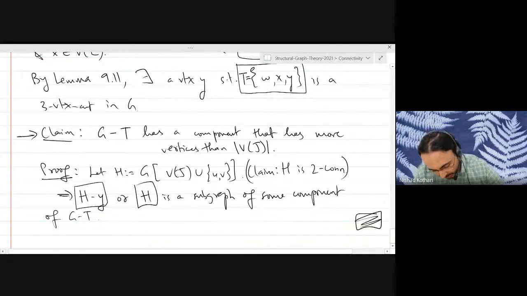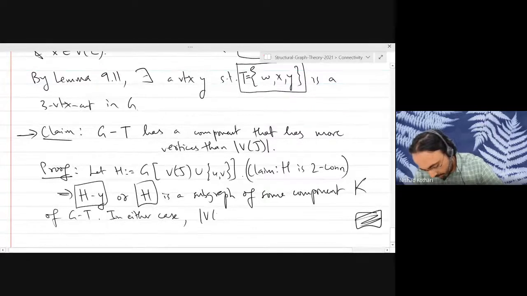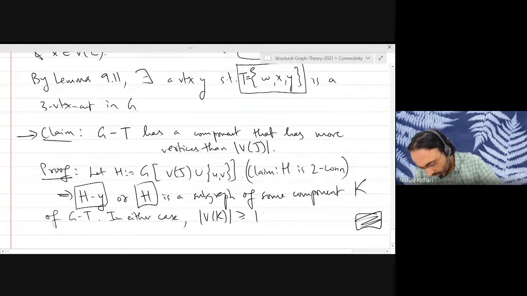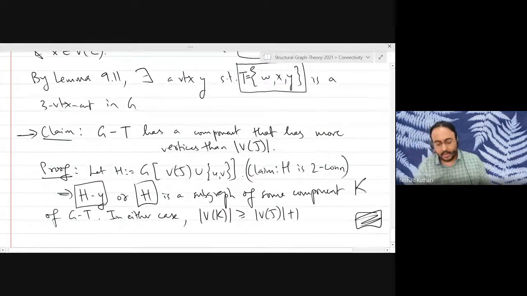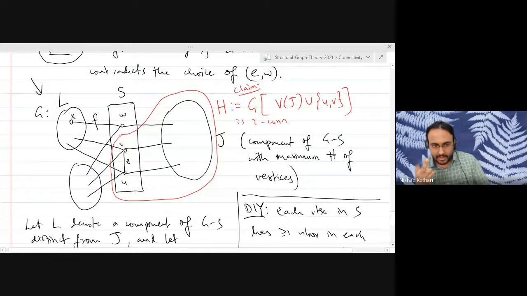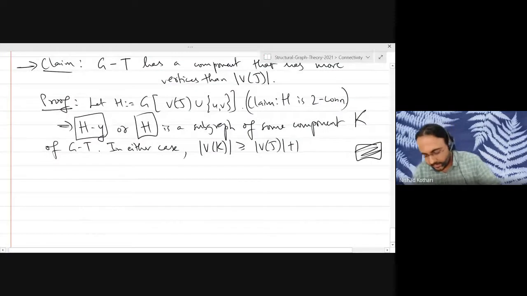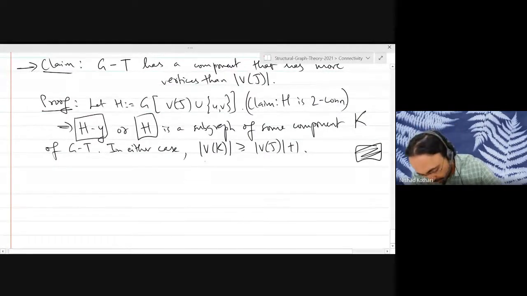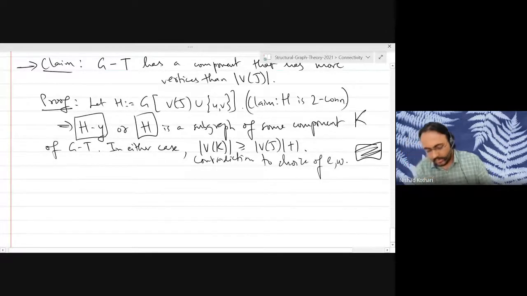In either case, let me call this component K. The number of vertices in K is at least one more than the number of vertices in J, because H includes J, it also includes two more vertices, U and V, and now we are deleting one vertex, Y, if it is in this H. So in both cases, we will have at least one more vertex, and that will be a contradiction to the choice of the edge E and the vertex W. So this finishes the proof.